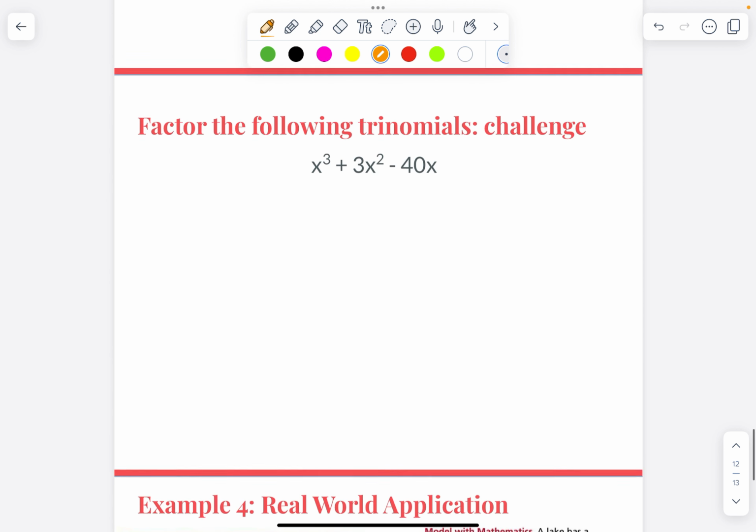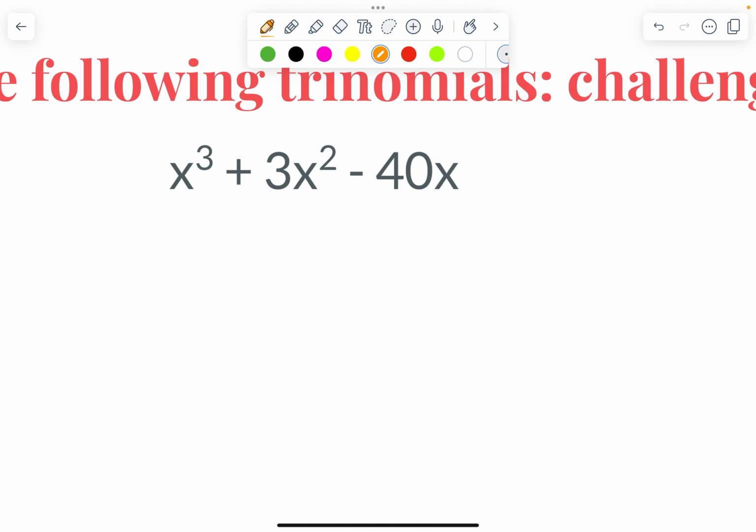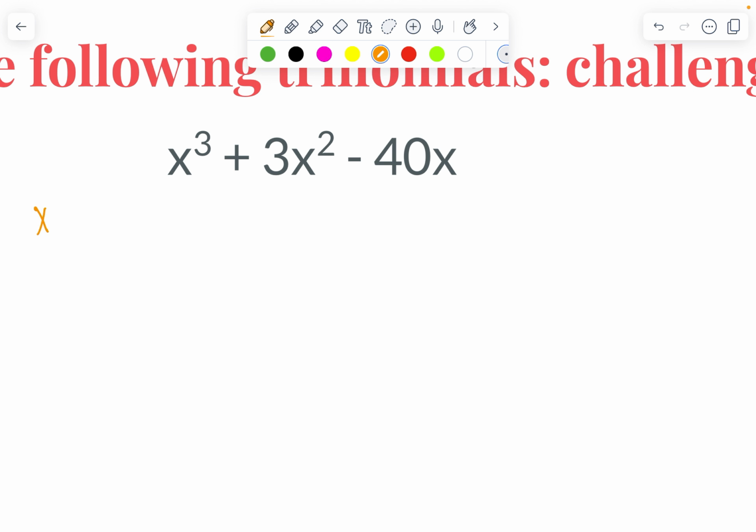Ooh, this is a challenge. Notice this is not in the form of ax squared plus bx plus c. So we need to see if there's any common factors we can take out. I know x cubed is x times x times x. 3x squared is 1 times 3 times x times x.